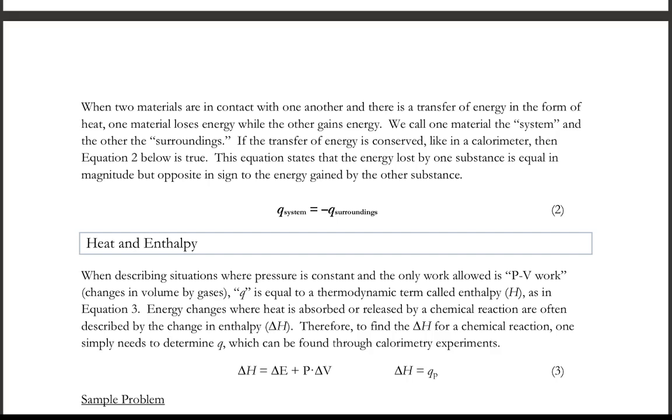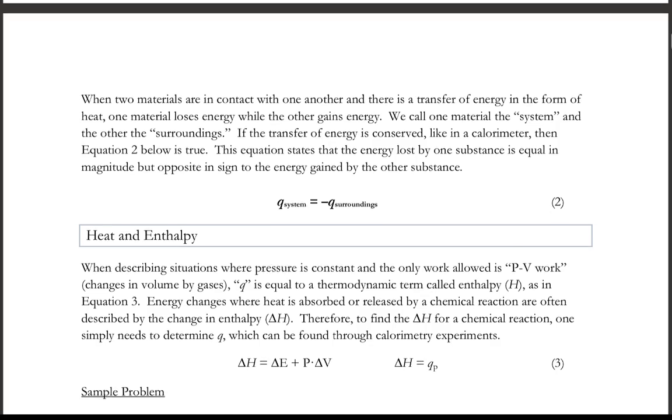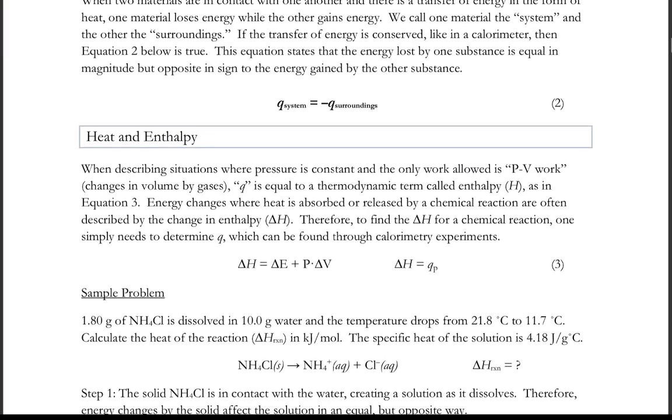One's energy goes up as the other one's energy goes down. The amount of energy, of course, is equal. Now, we can think of heat in terms of this symbol Q. We can also think of it in terms of delta H, the enthalpy change involved in the process, which for us chemists is usually a reaction.